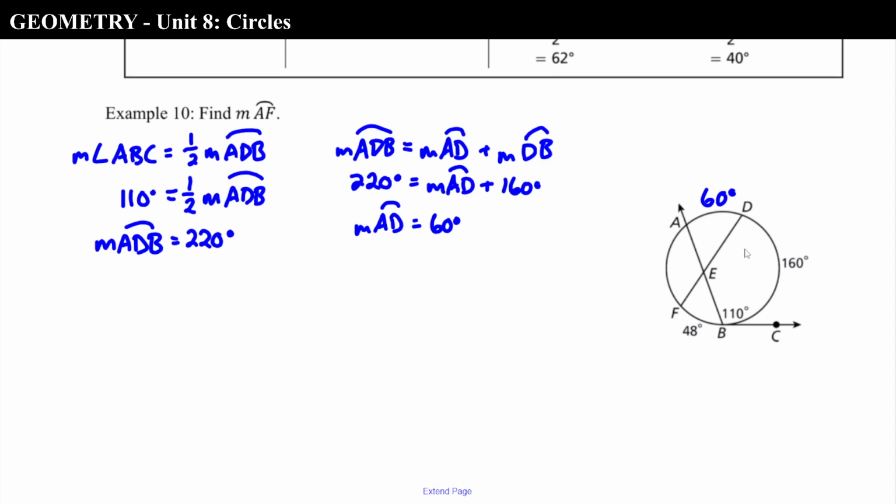So now all that's left is to find the measure of AF. Well, the measure of AF, since we have all the other arcs, is going to be 360 degrees minus the other three arcs added together: AD plus the measure of DB plus the measure of BF.